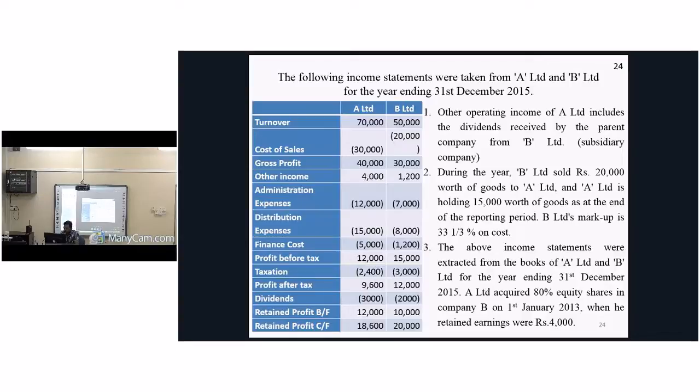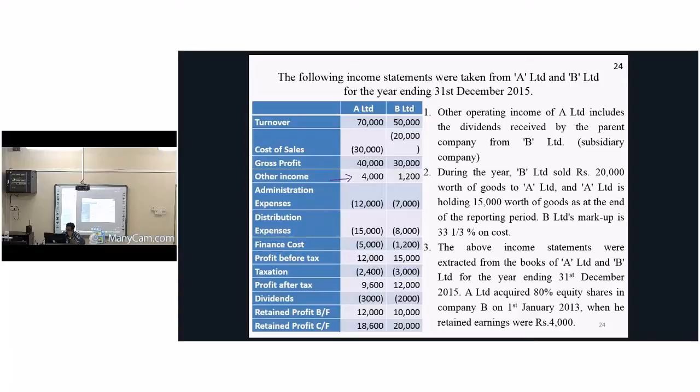Right, other operating income of A Limited. Now the income statement is given as of 31st December 2015. Other operating income of A Limited, there is other operating income, this 4,000.